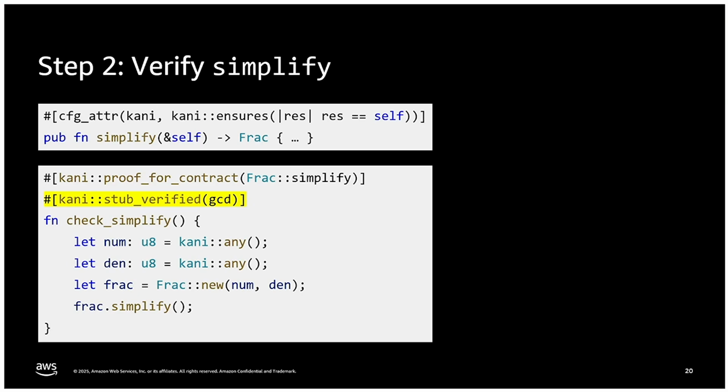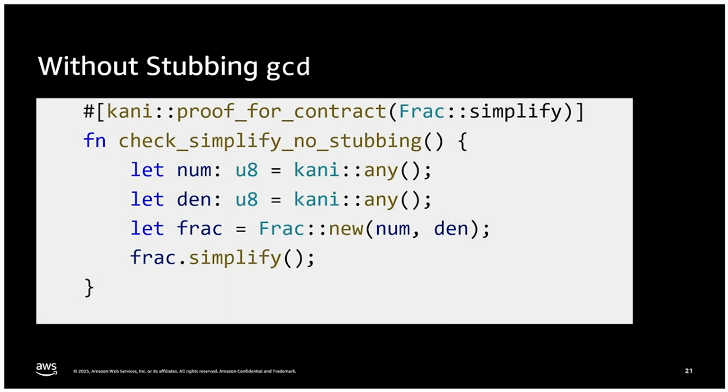Now, coming back to the point that was just mentioned, we actually don't need to stub the GCD function in this case. We can directly write a proof for contract for fraction simplify without stubbing GCD. This would work in Kani. It's a simple enough case.